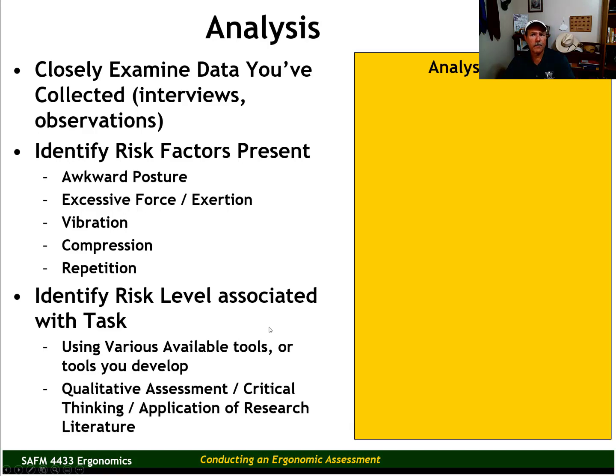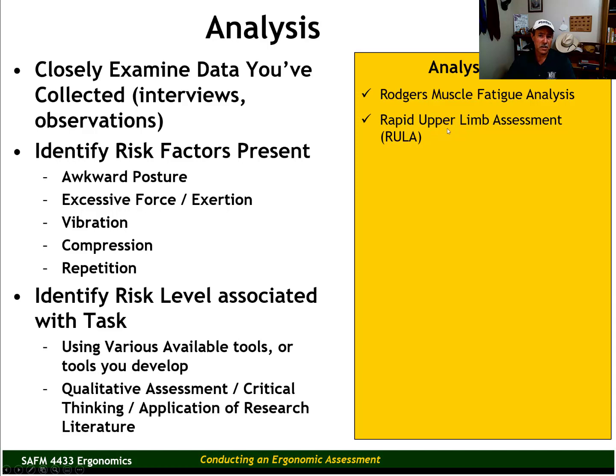There are a lot of different analysis tools available, and we will talk about most of these on this list. We could use the Rogers muscle fatigue analysis. This is a procedure that's been developed to assess muscle fatigue and how muscle fatigue is related to bone and joint disorders or other work-related musculoskeletal disorders. Now, we won't specifically be talking about the Rogers analysis tool, but we will be talking about the rapid upper limb assessment.